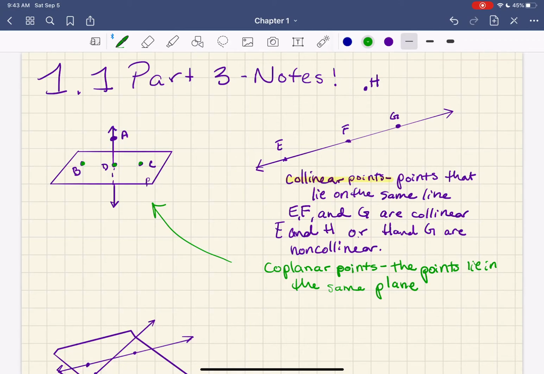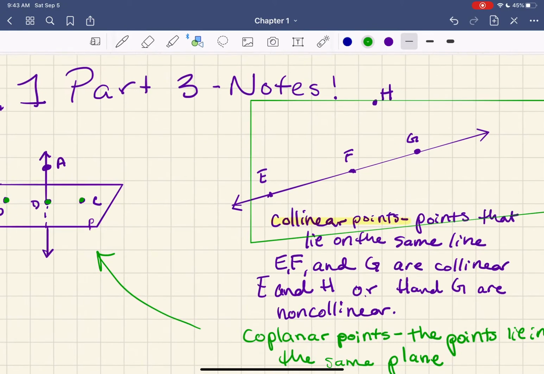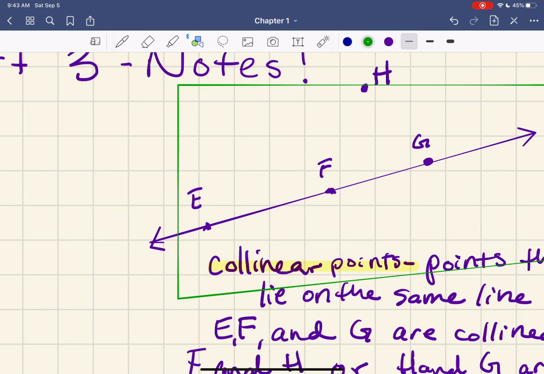Or I could just draw a plane around everything that I have here and say, okay, all of those things are sitting on that plane.